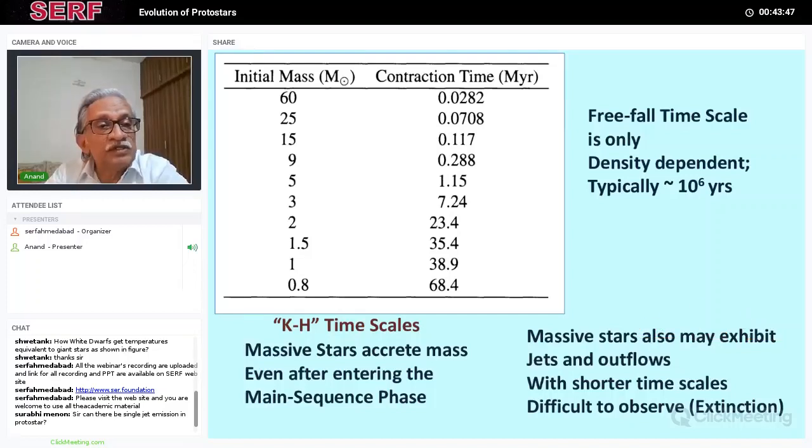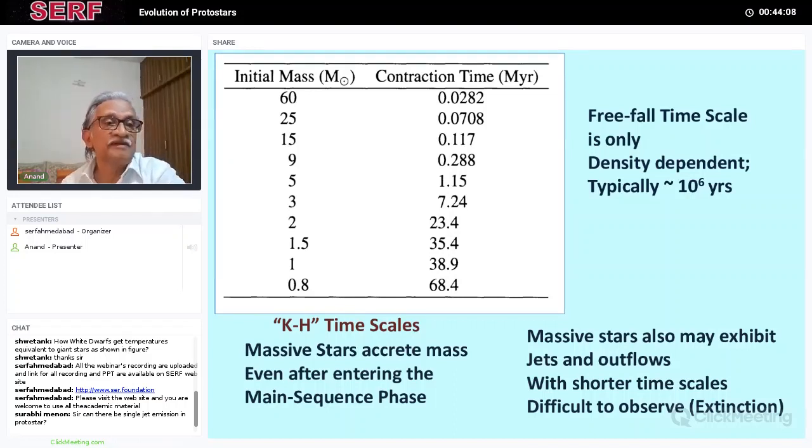Massive stars are also capable of exhibiting jets and outflows. They do actually exhibit jets and outflows. These manifestations are seen commonly in all of them, but jets and outflows are more energetic in the case of high mass protostars, and the mechanism itself could be very different.